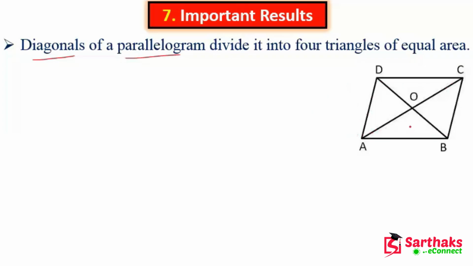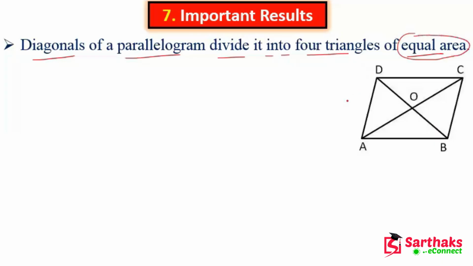Diagonals of a parallelogram divide it into four triangles of equal area. It means the diagonals AC and DB divide this parallelogram into four triangles of equal area. This is very important. We have to prove this condition.